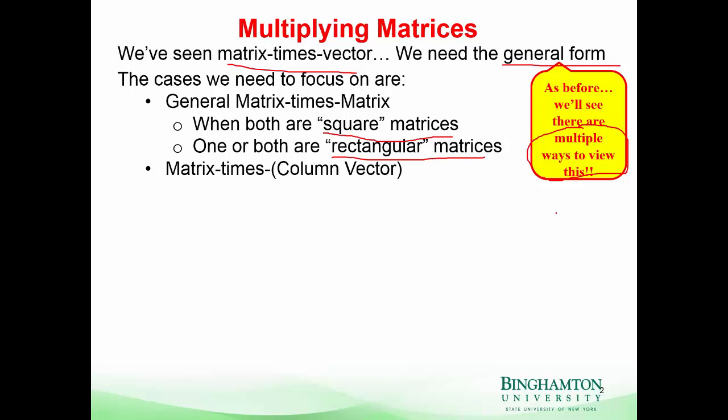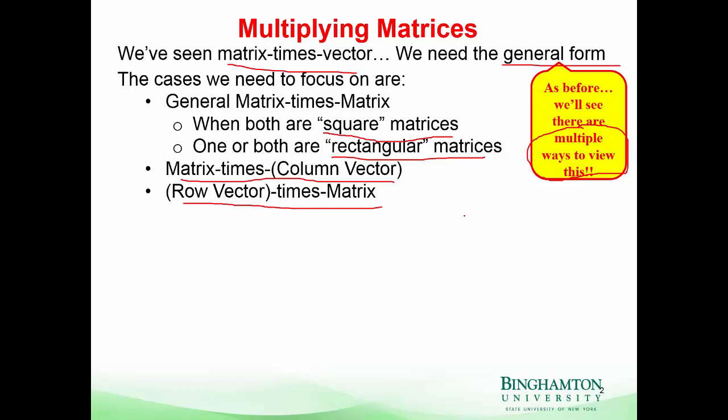We'll also see that this really is just a generalization of matrix times a column vector, which we've already done. It will also allow us to look at the case of a row vector times a matrix. Notice that when we're doing a matrix and a column vector, the matrix has to come first, and when we're doing a row and a matrix, the row vector has to come first, and we'll see why that is.